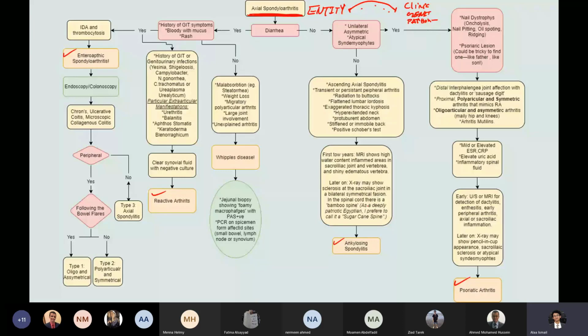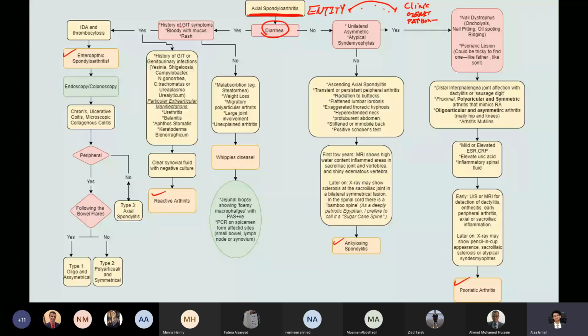This fundamental question is in fact about the gastrointestinal tract, which is: is there a diarrhea? If the patient tells you that there is a diarrhea, then you should start directing your thinking to something related to the gastrointestinal tract, and you're gonna start an inquiry about some symptoms. Is there any history of GIT symptoms? Is there an associated rash, or is there a bloody diarrhea with mucus?